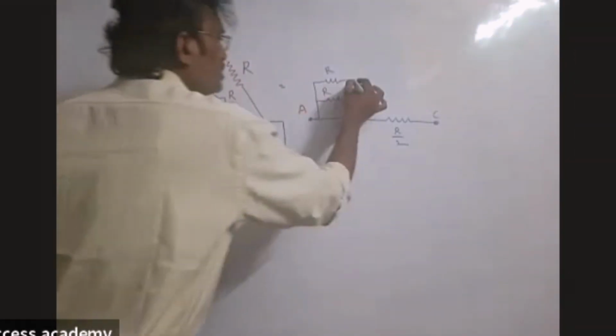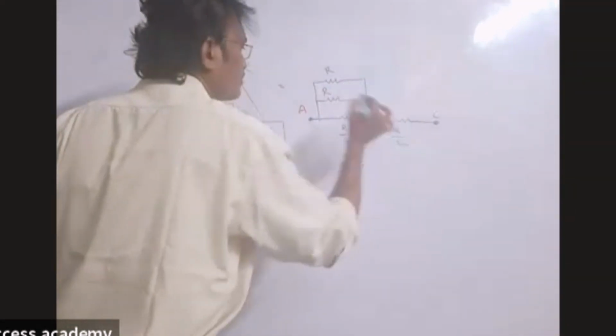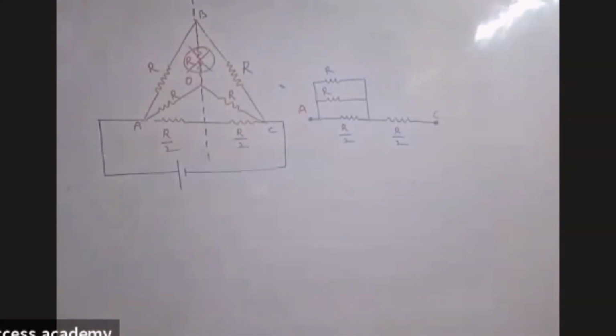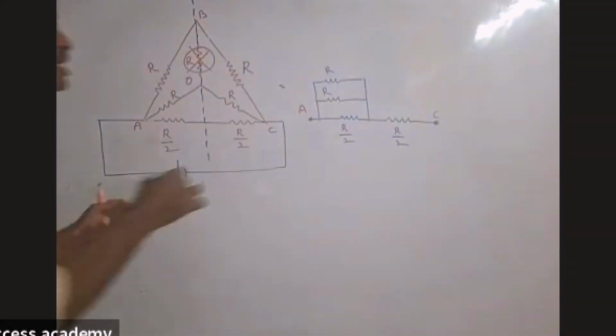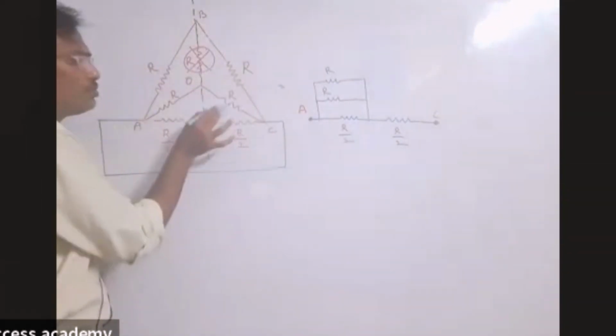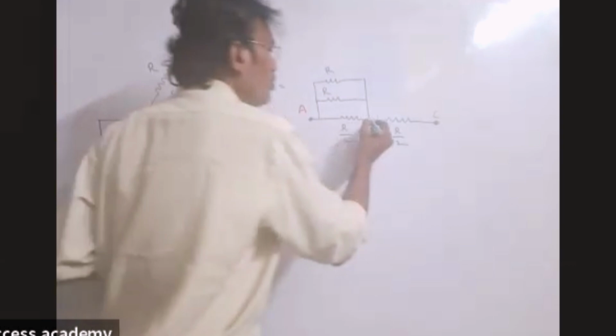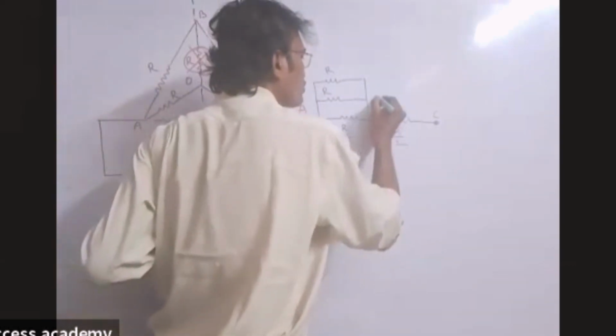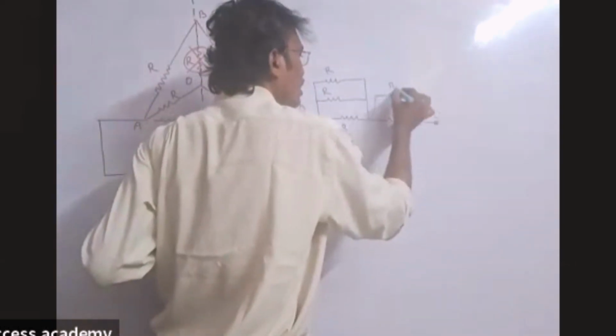Again, here we are considering this part R by 2 and here R and here also R by 2, R.